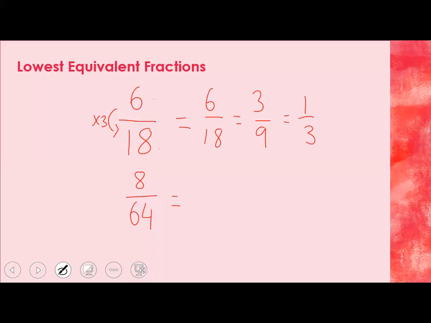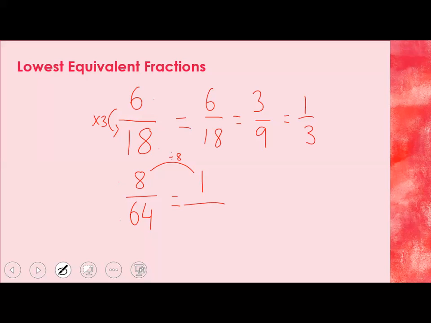So what you need to do is use your knowledge here of times tables. Now, I can know that both 8 and 64 appear in which times table? Well, of course, the answer is the 8 times table. So I know I can divide both of these numbers by 8. 8 divided by 8 is 1.